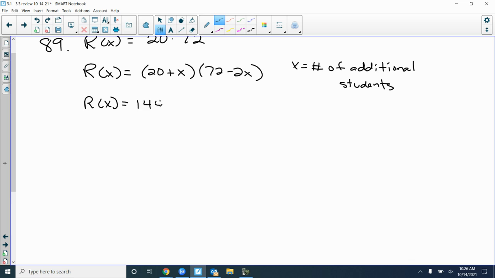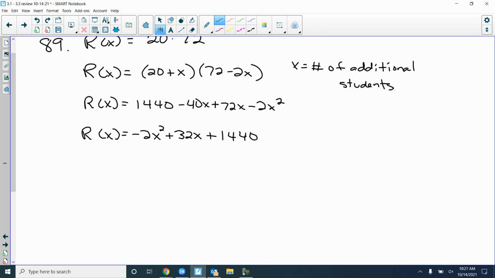That is 20 times 72, 1440, minus 40x plus 72x minus 2x squared. So R of x equals negative 2x squared plus 32x plus 1440.